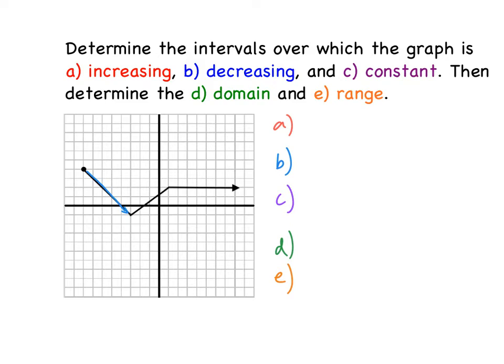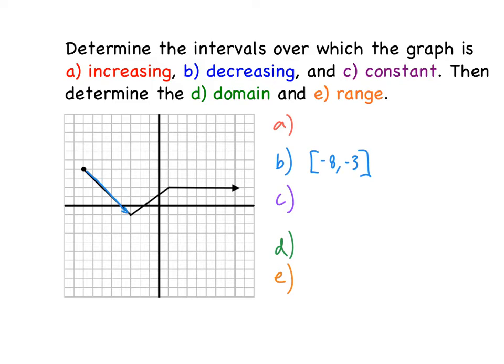And though it started decreasing at -8, that's a hard -8 since it's a closed dot, and it stopped decreasing at -3. Again, it's not the y values I care about; it's the x values, because it's domain we're talking about. So the -8, and it stopped decreasing at -3, and again it's hitting -3, so it gets a bracket on both of those. So this is the interval where it's decreasing.